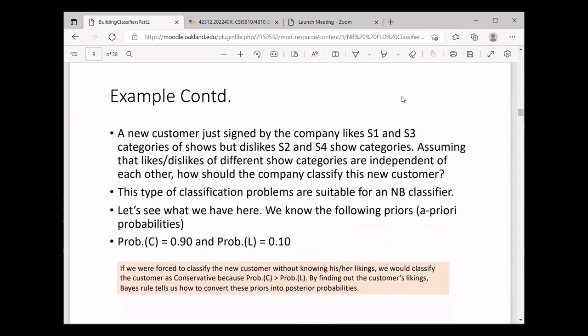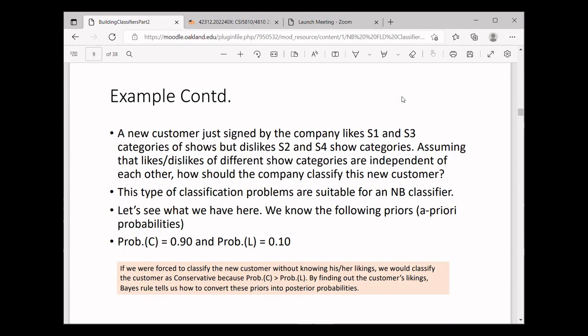Now, a new customer signs up, and the company finds that this new customer likes S1 and S3. Shows from category S1 and S3, they are liked. And he or she dislikes S2 and S4 show categories.